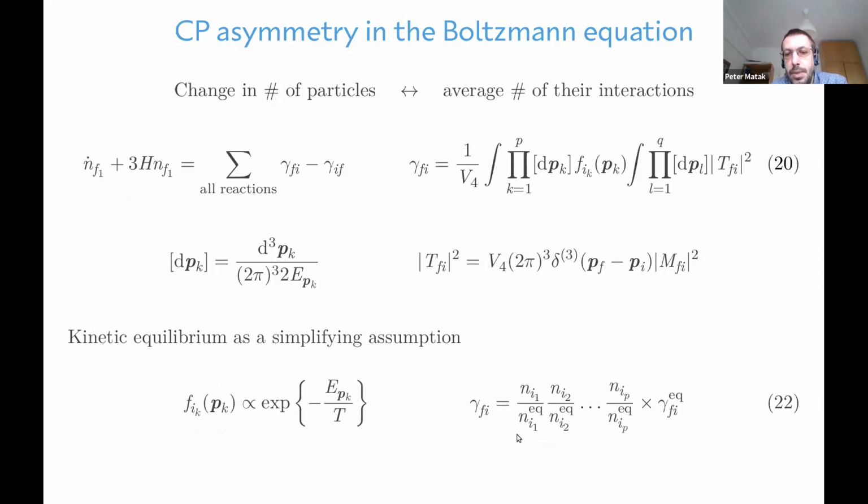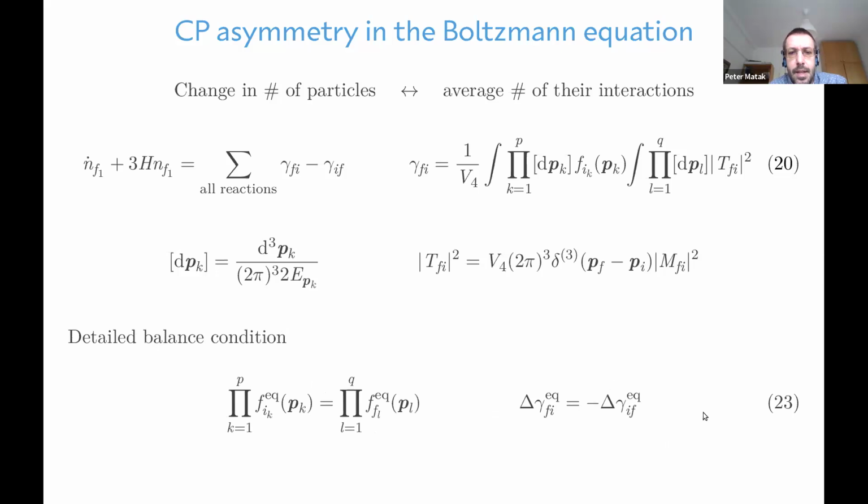In that case, we can take the non-equilibrium part out, so we assume kinetic equilibrium for simplicity. All the particles can have some anomalous chemical potential, which can be taken out as a ratio of the particle density and its equilibrium value, like this in general for all the initial state particles. And then we have only the equilibrium reaction rate density.